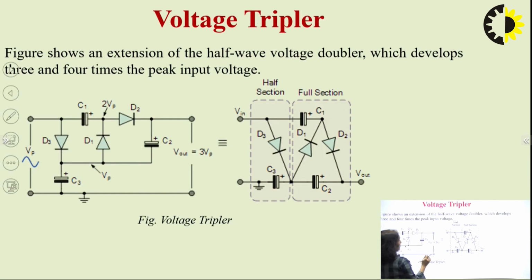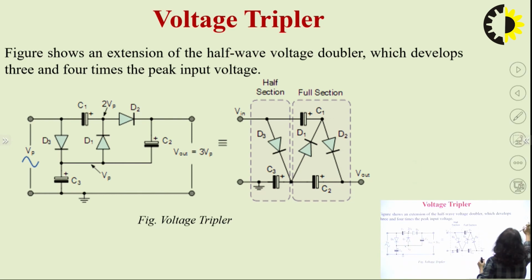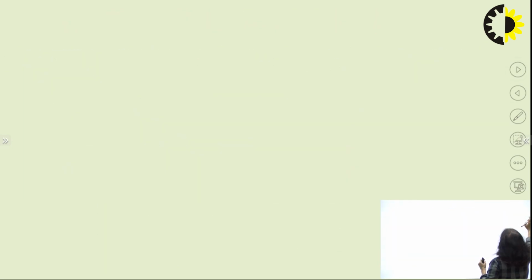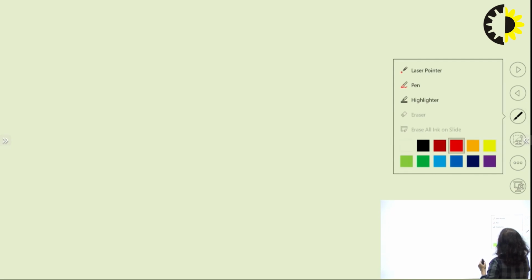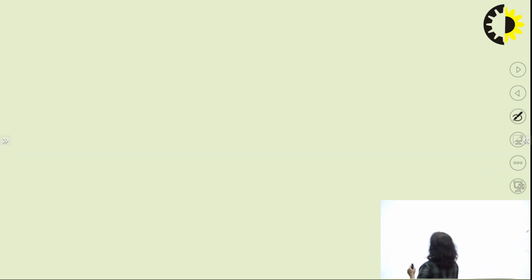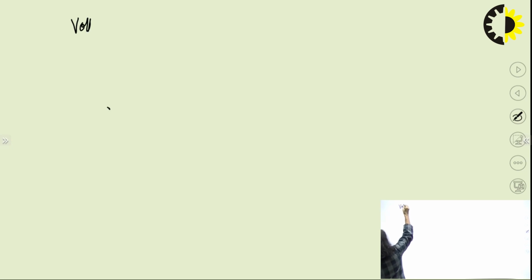Okay. So, now coming to the next circuit, that is the voltage tripler circuit. So, the voltage tripler circuit can be made with the help of the extension of the half wave voltage doubler. So, let us draw the voltage tripler.